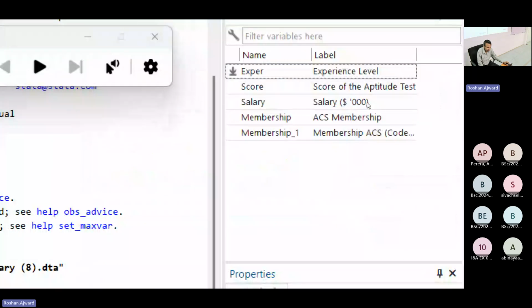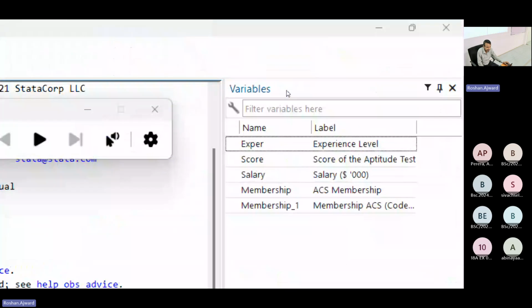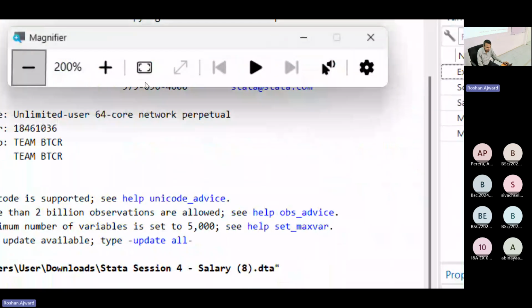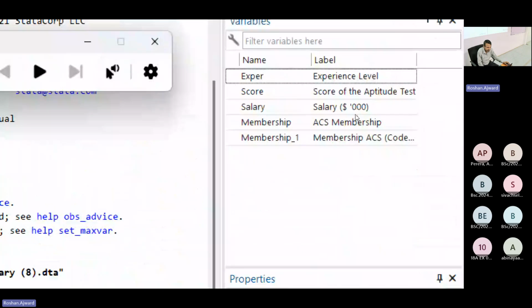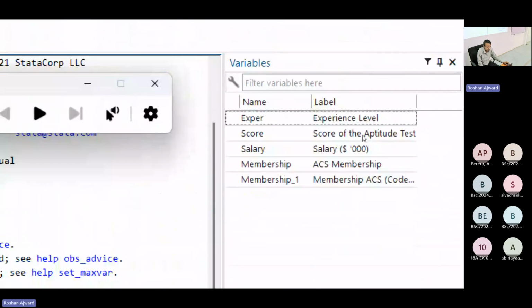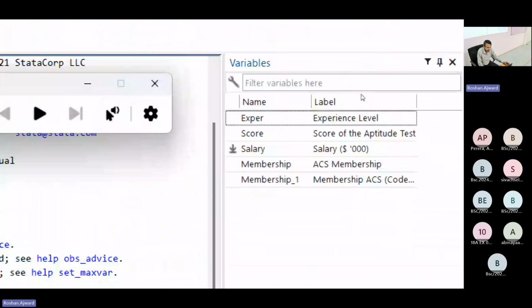Because you can see over here the variables are appearing. So how many variables are there? Score, experience, salary, membership, and membership month. Some additional variables are also there, which I'll use later. So you can see there are 5 variables.